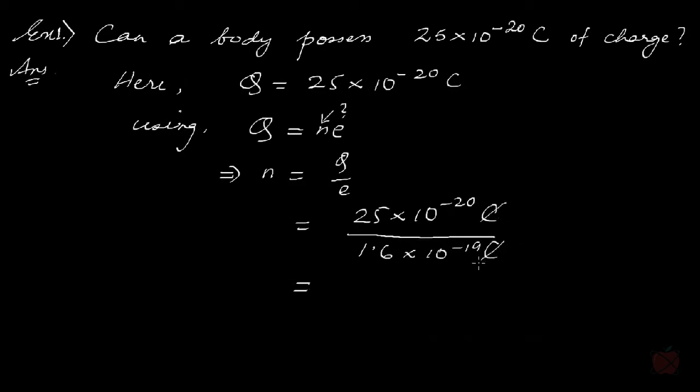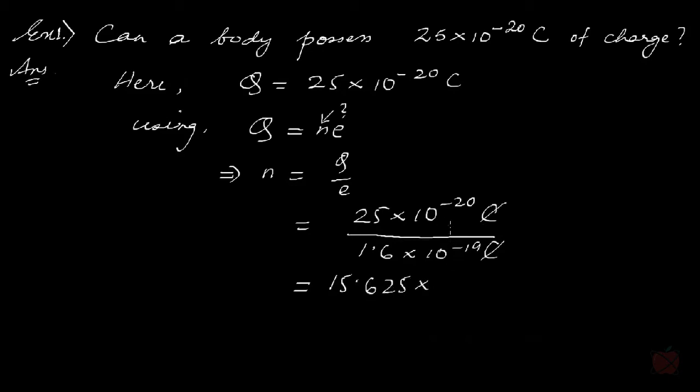So coulomb and coulomb will cancel. If I do this calculation, how much will I get? 25 divided by 1.6 comes out to be 15.625.